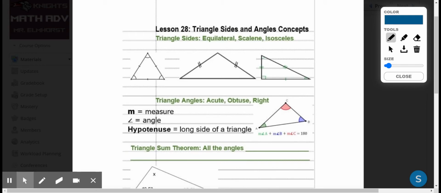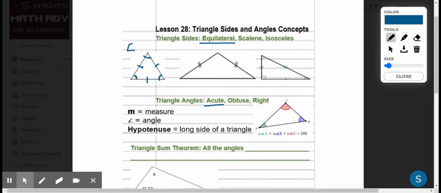So when you first look at it, here we have 1, 2, 3 equal sides. And then if we look at these angles here, these angles are less than 90 degrees. So this is going to be an equilateral triangle with acute angles.